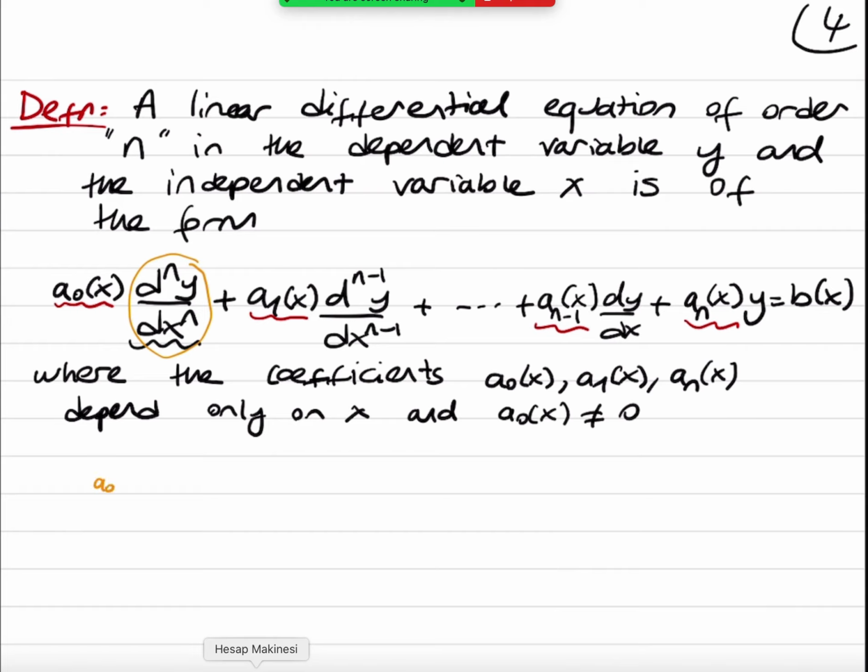Sometimes we write it like y to the power n, plus a1(x) y to the power n minus 1, meaning the n minus 1 derivative. We keep taking the derivatives, down to y prime, a_n(x) y equal to b(x). The coefficients depend only on x.